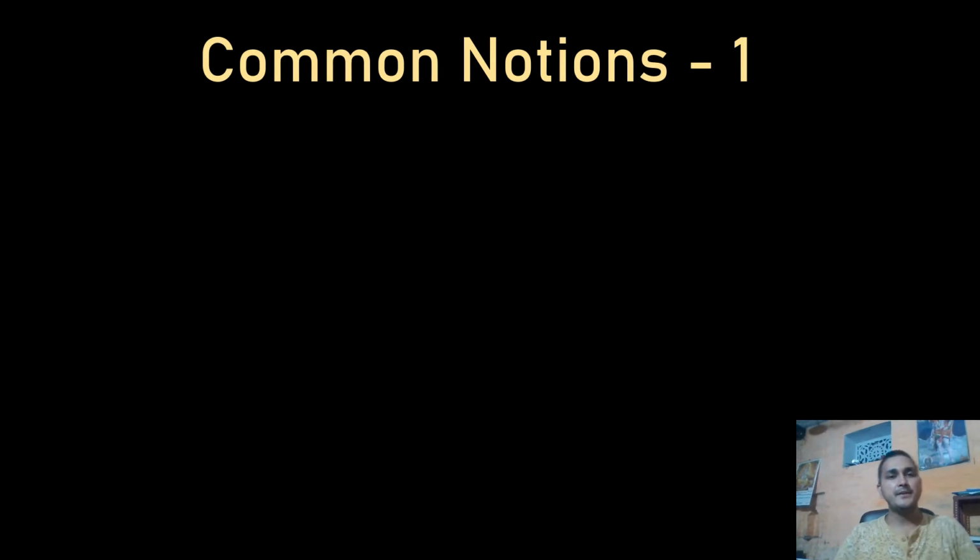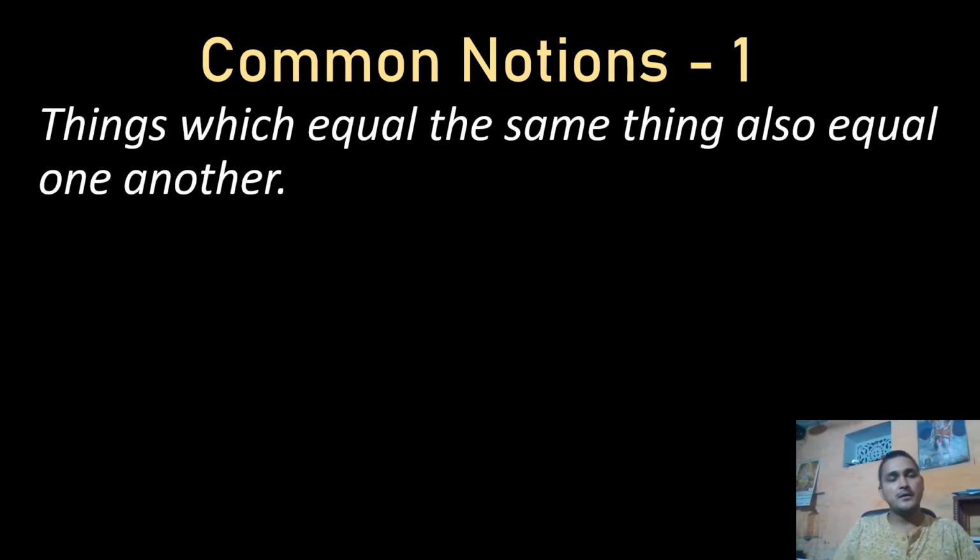Now we will see common notion 1. Common notion 1 is: things which are equal to the same thing are also equal to one another. As we have studied earlier, Euclid considers magnitudes of the same kind.